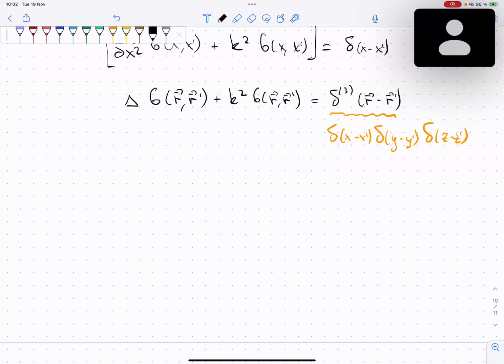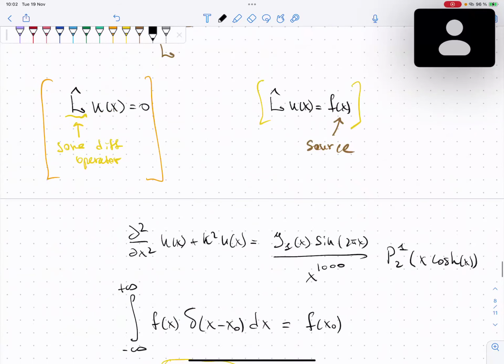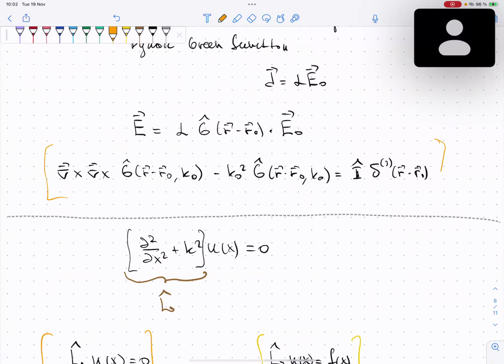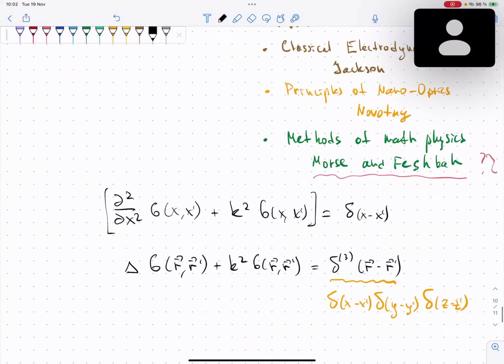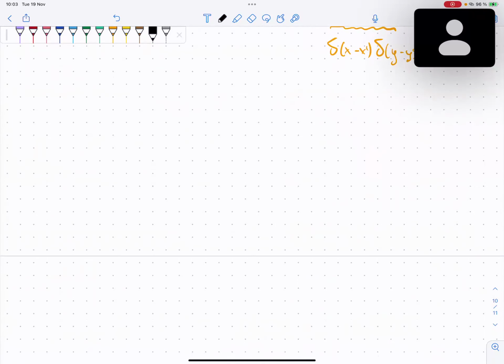Okay. So then about this dyadic Green function. We are working with electromagnetic fields, and this electromagnetic field is a vector. So from the Maxwell equations, we can derive the following.